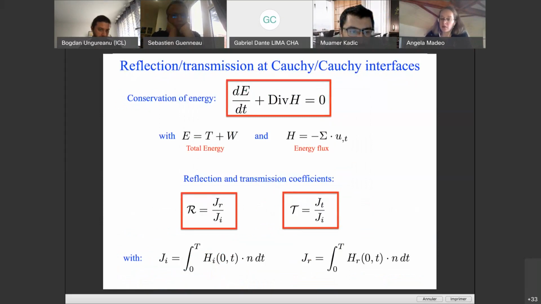A classical way to visualize such repartition of energies between transmitted and reflected is obtained from conservation of energy, where we take the total energy E as the sum of kinetic and potential energy, and we write its conservation in this form, where H is called the energy flux, is related to the Poynting vector, and so on and so forth.